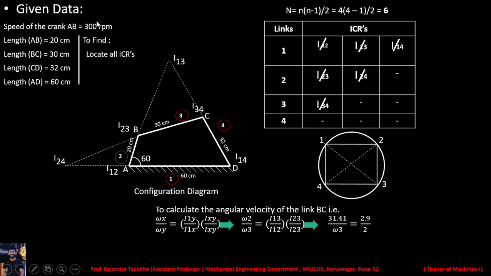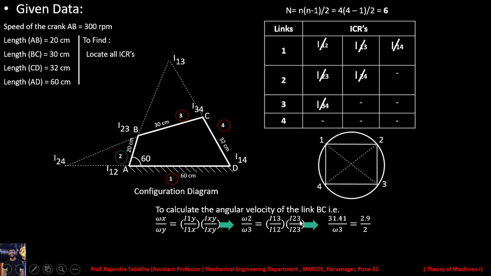From this we can calculate the value of omega 2. As omega 2 is known, we can calculate omega 3. So omega 2 upon omega 3 is equal to I13 upon I12 into I23 upon I23. Omega 2 by calculation is 31.41 radian per second.